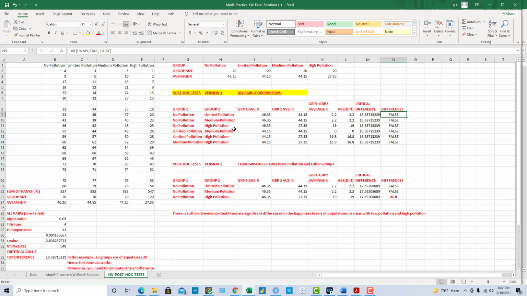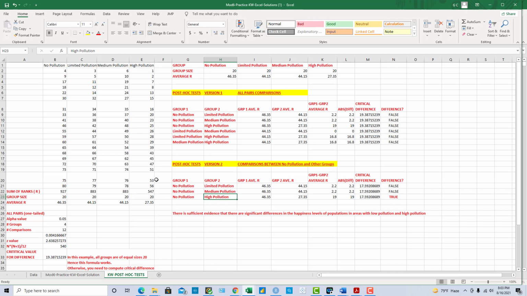So that looks a little bit odd for us, because the Kruskal Wallis test did indicate that the evidence is leading to statistical differences among the groups. So we conduct a second version of these post hoc tests, where we only take 3 comparisons: no pollution to limited pollution, no pollution to medium pollution, no pollution to high pollution.